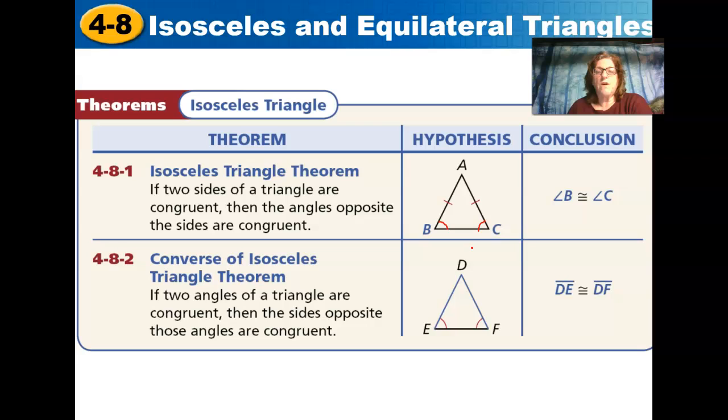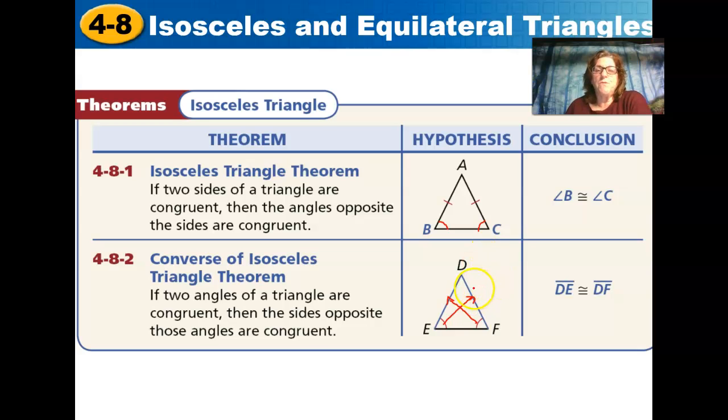Now the converse of the isosceles triangle theorem, we refer to that as CITT, states that if two angles of a triangle are congruent, then the sides opposite those angles are congruent. So in this diagram here, we have angle E congruent to angle F. That would mean that the sides opposite them, side DE and side DF, are congruent to one another.